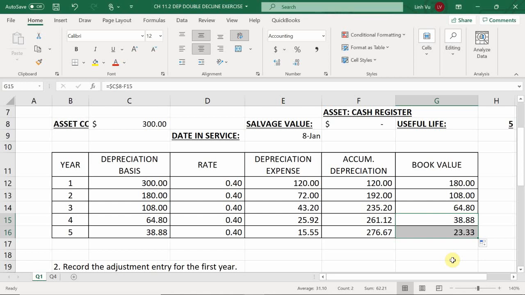Of course, you could keep on going. There's no rules against that because you haven't reached your salvage value. And it's a cash register, right? It should still be able to function beyond its estimated useful life.